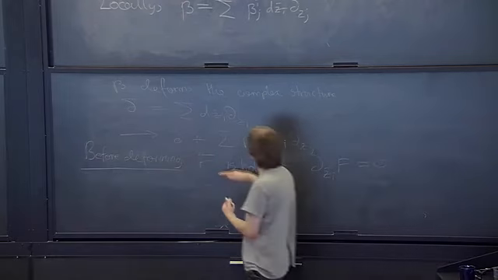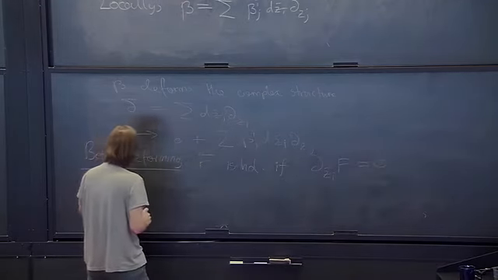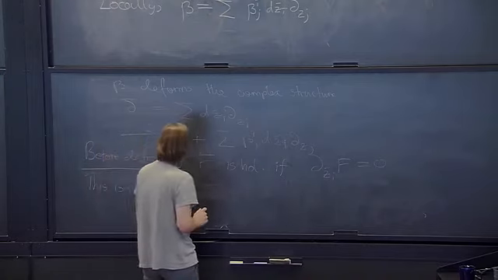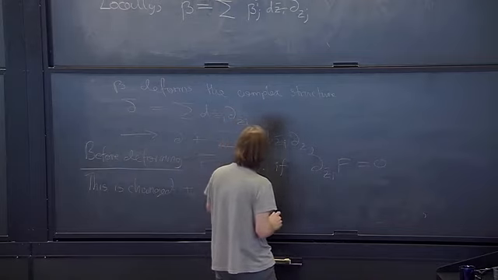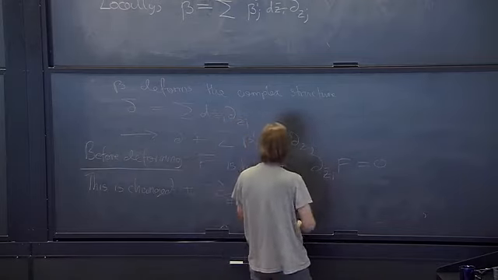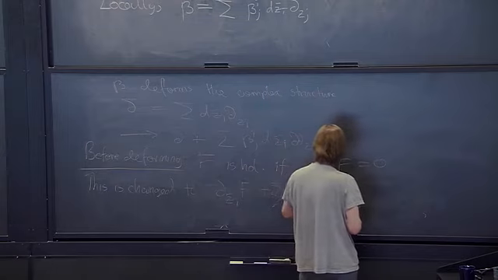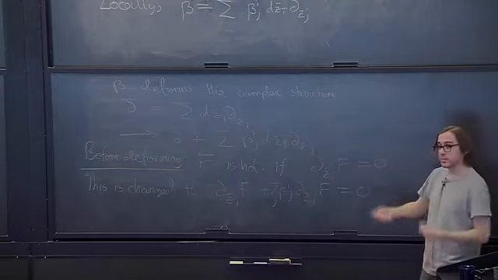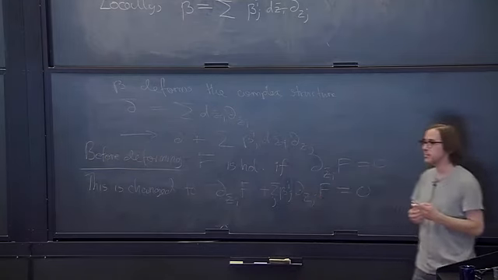Once we deform, this gets changed to dz bar I f plus beta ij sum over j dz j f is 0. So the equation of being holomorphic is modified in this way.